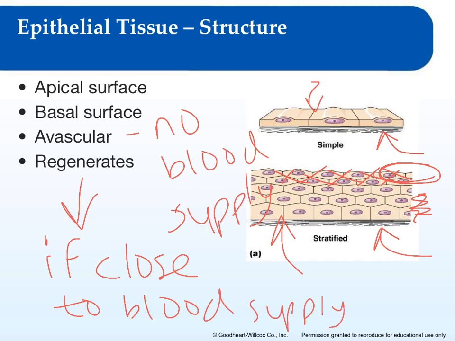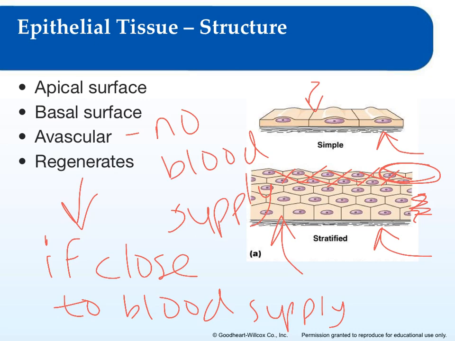Those cells that are down low by that basement membrane, they're getting lots of nourishment. They're growing, they're dividing. It's how your hair grows. The ends of your hair, those cells are too far away, so those cells are dead. But the cells that are close to the anchored in basal membrane, they're getting lots of blood. They regenerate quickly. They push the other cells out, and your hair grows longer.